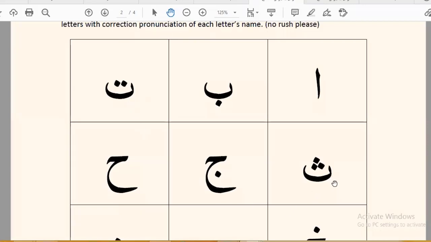Let's move on. Now, again, same shape as the ones that we've just seen over here, but this time we have 3 dots, and those are found on top of the letter. So this is the letter Tha. Tha. Okay, good. Now the pronunciation of this is very important because it's slightly different to just normally saying ta. We're going to say tha. Tha.